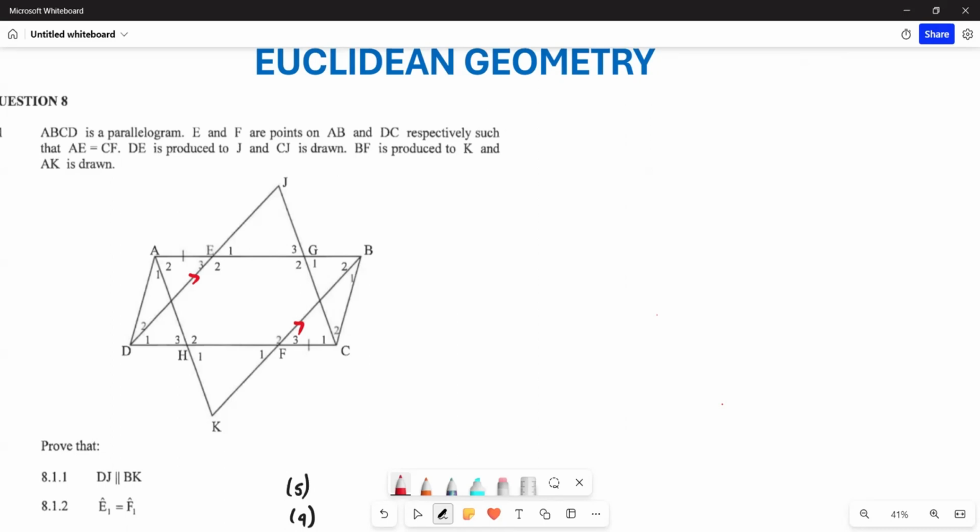So what can you do, for an example? Firstly, I can use my congruency to prove these two sides to be parallel, right? How can I do that?